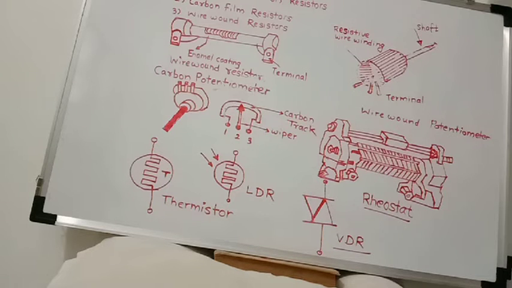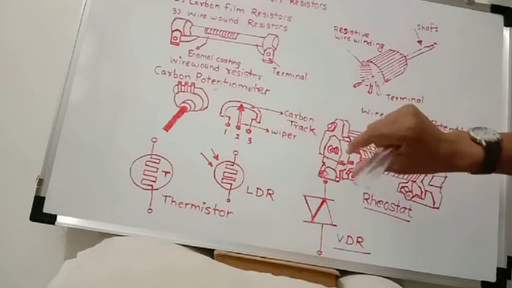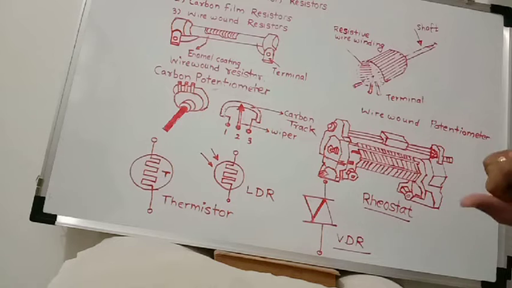Then there is another type, a small potentiometer called a preset, a small variable resistor. In a preset, the variation of resistance is done with the help of a screwdriver.